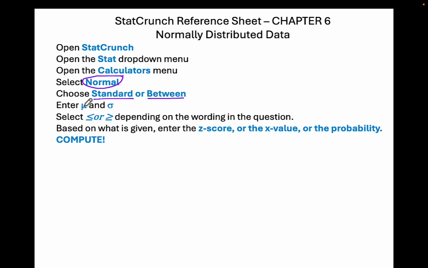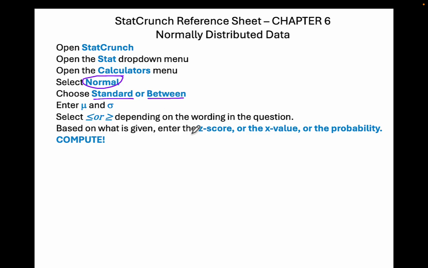We'll enter mu, and if we're in z-scores, we know that mu is going to be 0 and sigma is going to be 1. But if we're in x values, mu and sigma will likely be different. We're going to select our inequality, depending on the wording of the question. And then we're going to tell the program whatever's given to us.